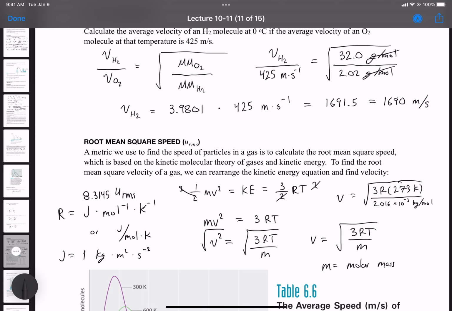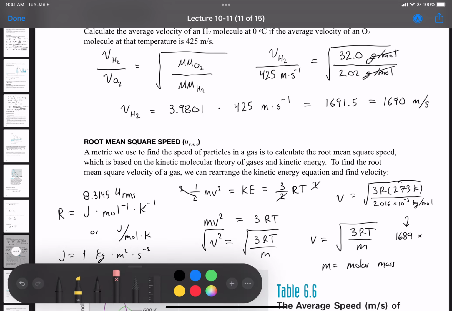Now if we do this calculation, we get 3 times 8.3 times 273 divided by the molar mass. And if we do that, our answer turns out to be 16.89 times 10 to the third, no, not times 10 to the third, sorry, meters per second.